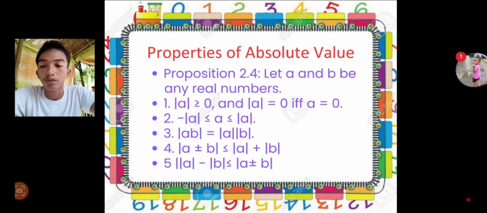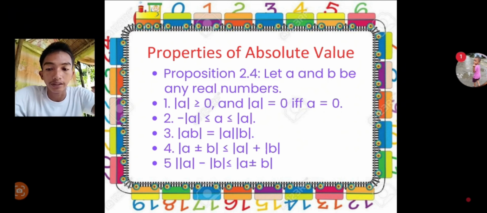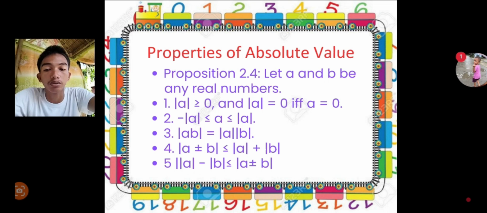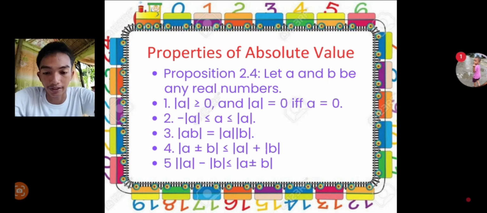Number 1, non-negativity: the absolute value of a is greater than or equal to 0, and the absolute value of a is equal to 0 only if a is equal to 0. The absolute value of any number is always greater than or equal to 0, and it is 0 only if the number itself is 0.